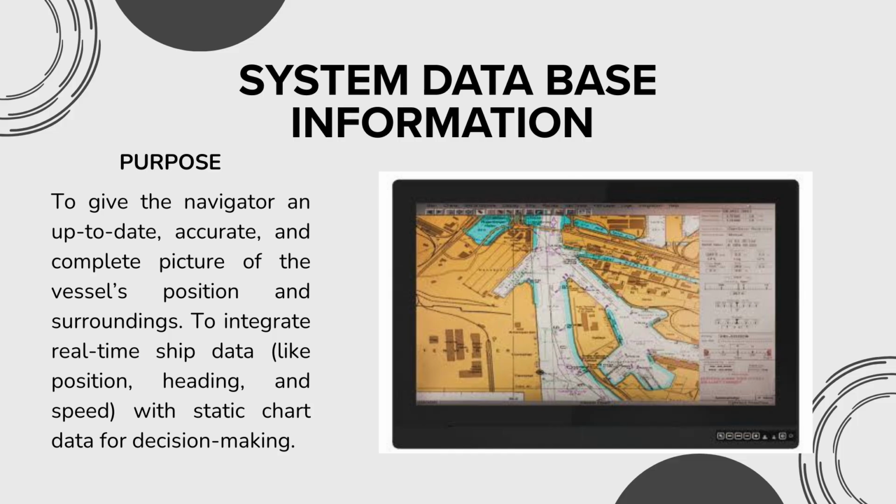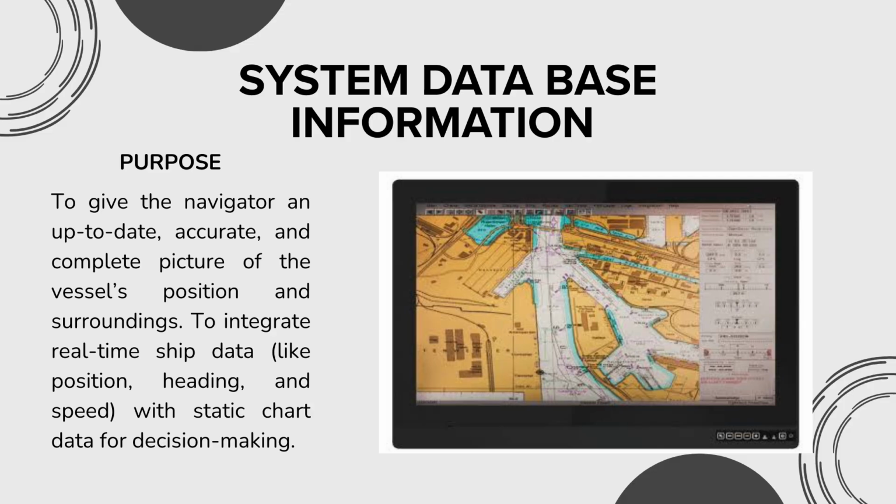So what is the purpose of system database information? The purpose is to give the navigator up-to-date, accurate information and a complete picture of the vessel's position and surroundings. It integrates real-time ship data like position, heading, and speed with static chart data for decision making.